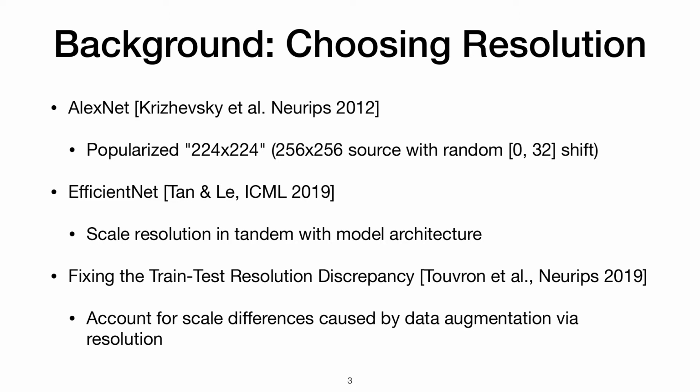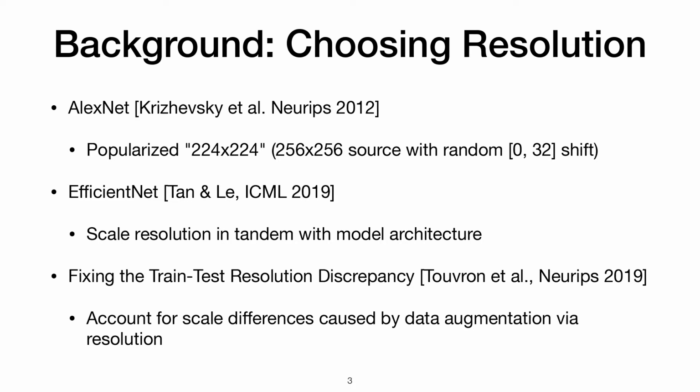Back then, random cropping wasn't used. Instead, AlexNet was trained with images that were resized to 256 by 256, with the input to the model itself a 224 by 224 patch of this 256 by 256 image.